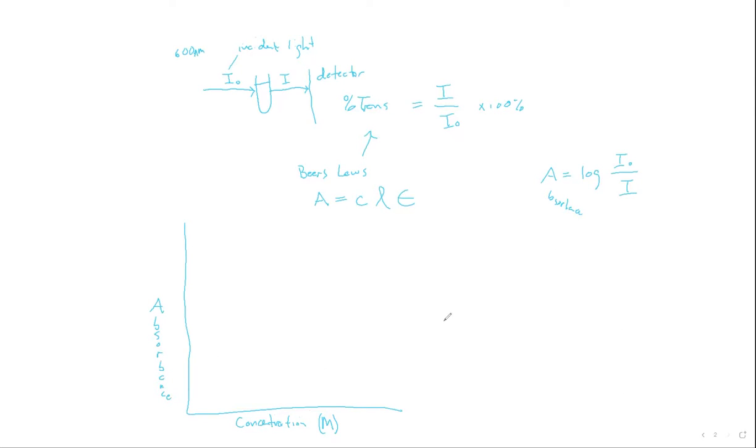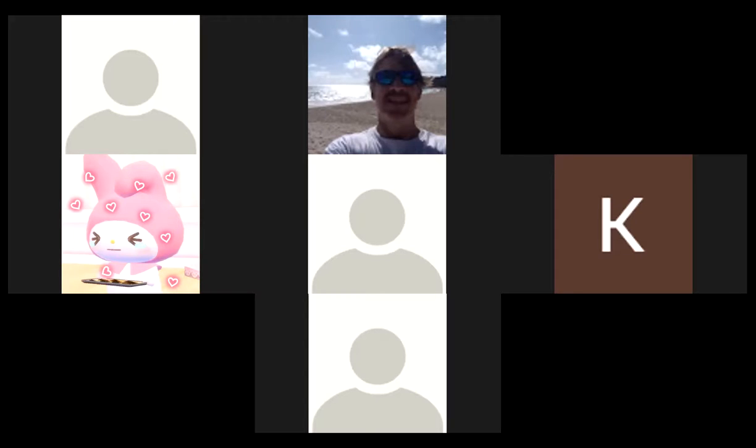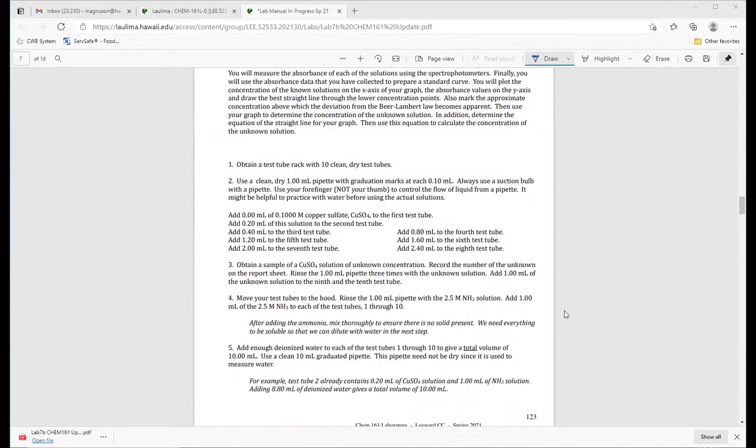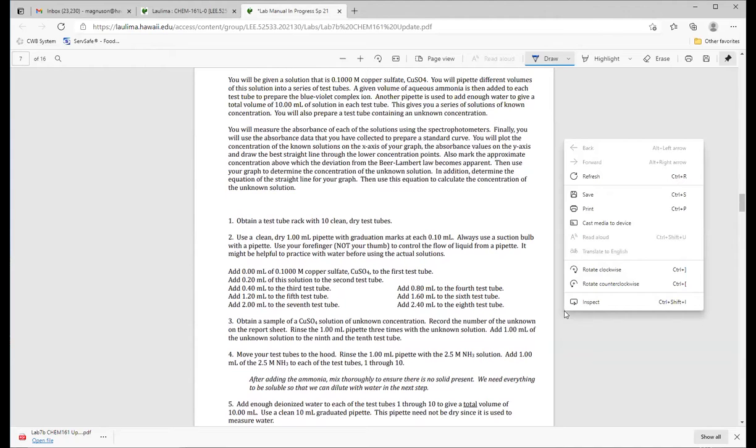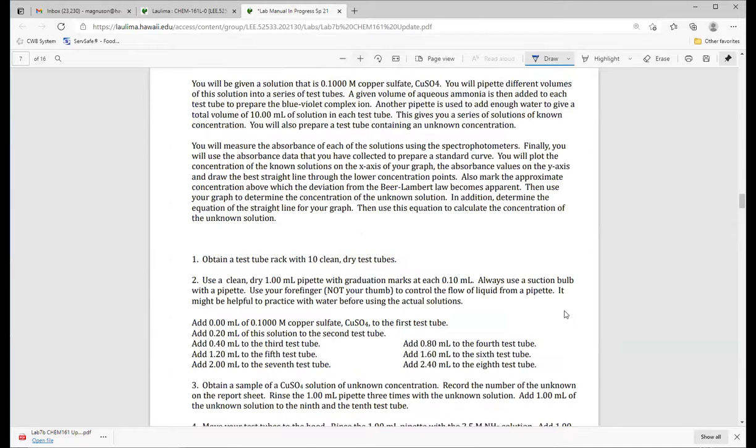Before we visit our graph, what we're going to do is prepare samples. Let's go to the page. The first sample is easy to prepare. The first sample is going to take 0 milliliters of 1 molar copper sulfate.